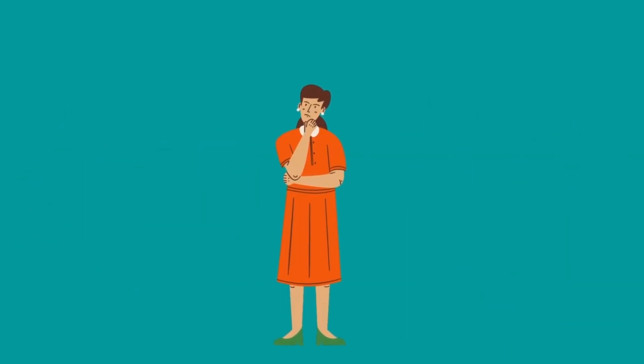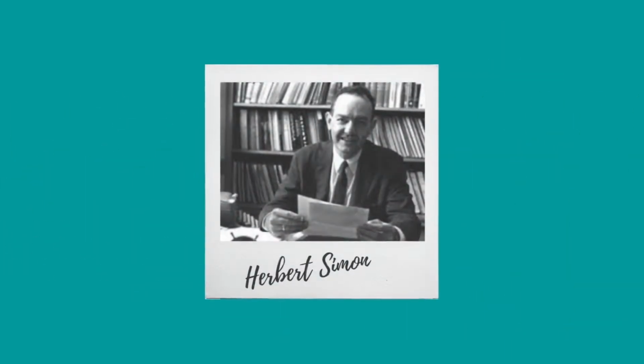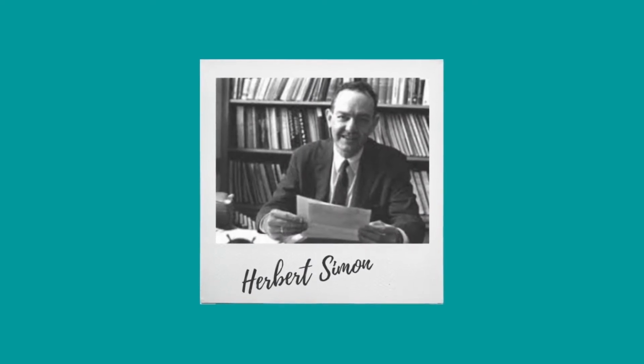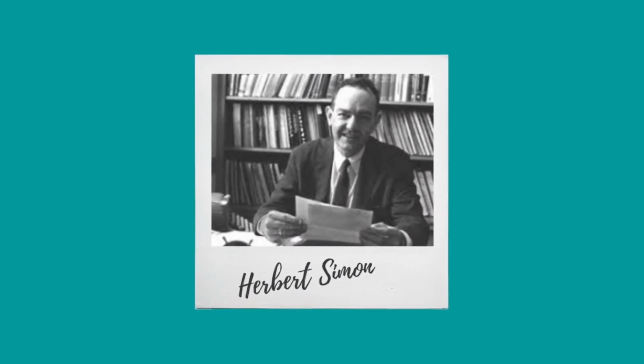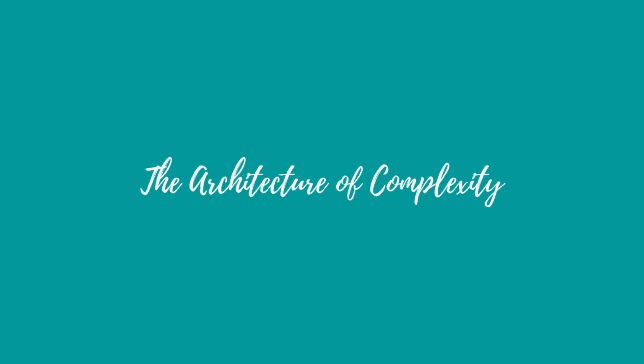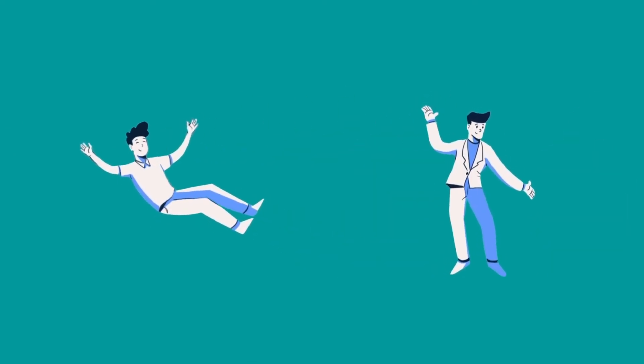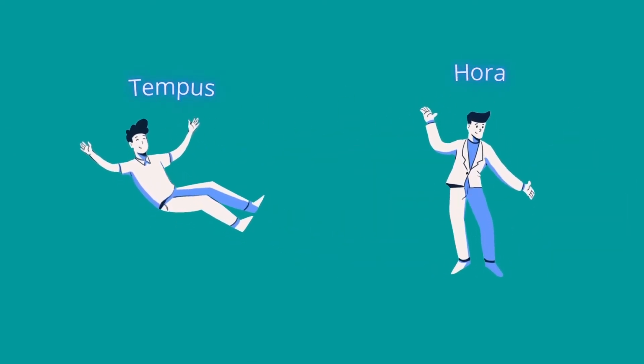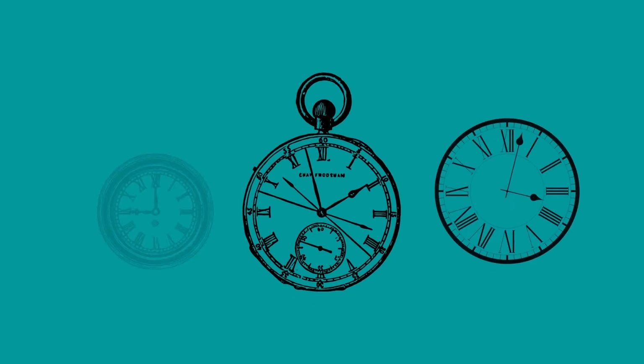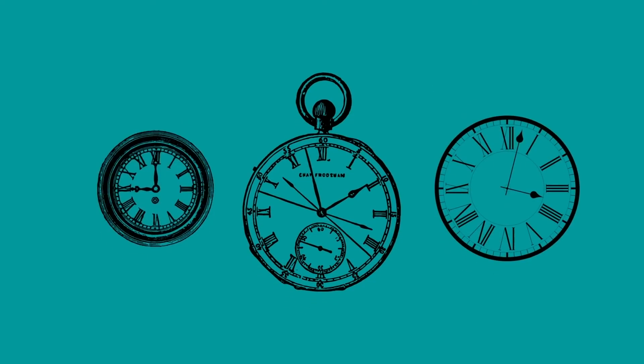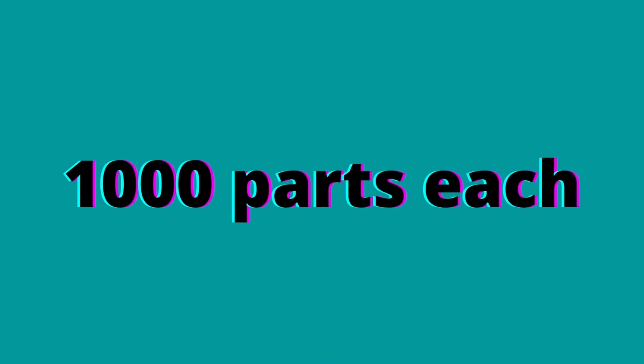Now, to understand this, we look at Herbert Simon's parable of the two watchmakers that appeared in the famous essay, The Architecture of Complexity. There once were two watchmakers, named Tempus and Hora, who manufactured very fine watches. The watches the men made consisted of about 1,000 parts each.